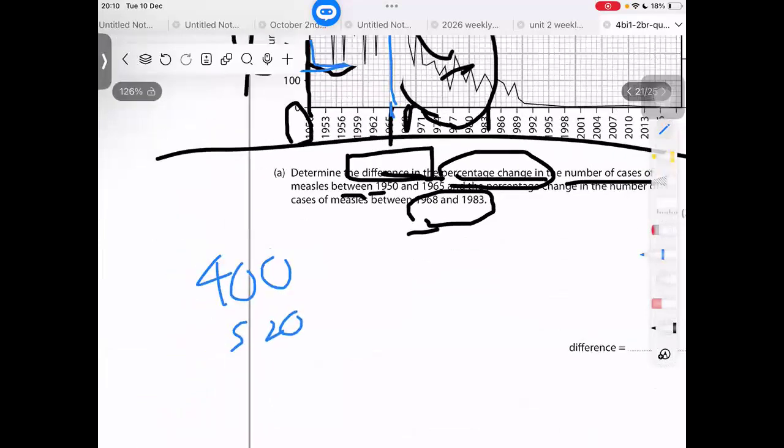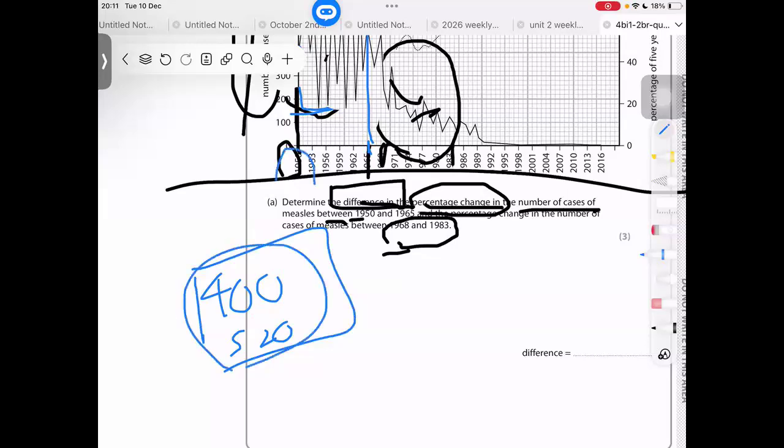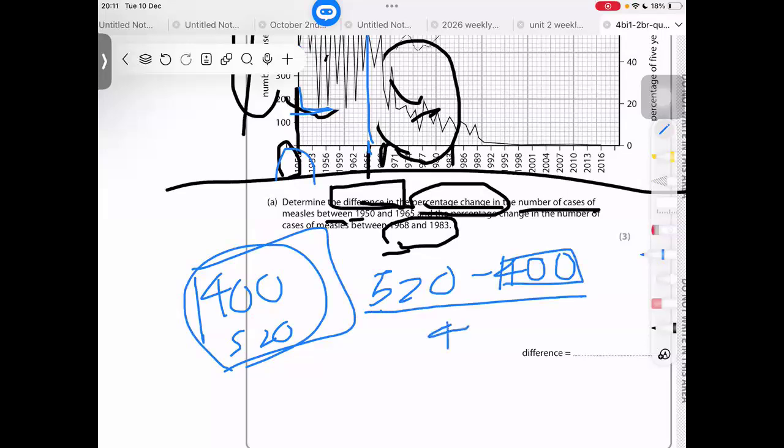Now we have to find the difference between 1950 and 1965. The final value, 520, subtract the initial value, 400, and then you're finding a percentage. When you're finding a percentage difference, you divide it by the initial value.